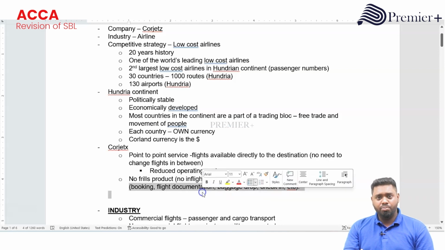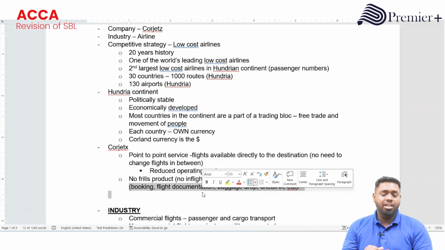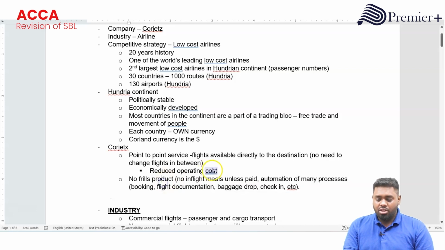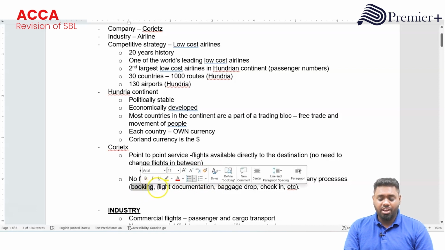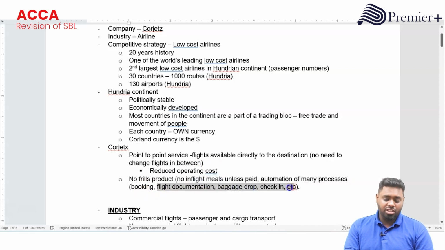Automation of processes would make the processes standardized, but on top of that, the running costs, the regular costs, are lowered. Yes, the initial cost is expensive, but once the processes are automated, we will have a very minimized cost to operate the systems. So automation of many processes includes booking the process, flight documentation, baggage drop, check-in, etc.